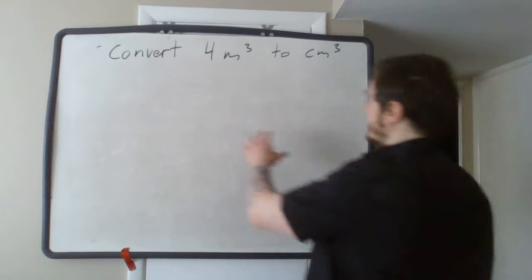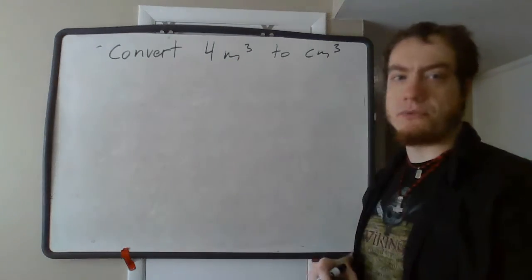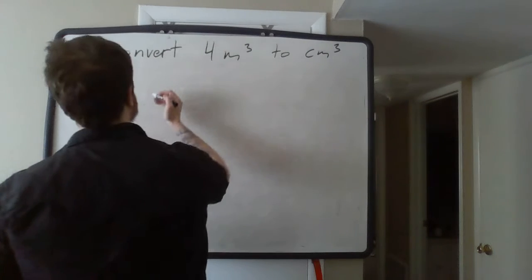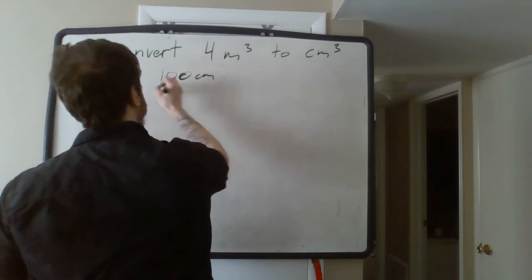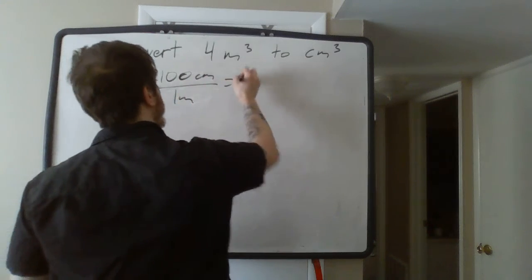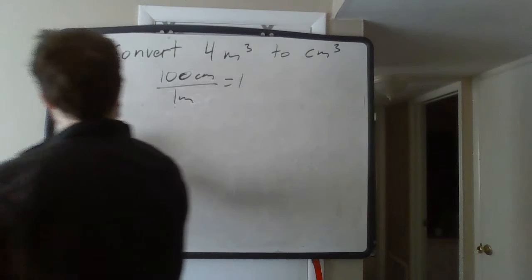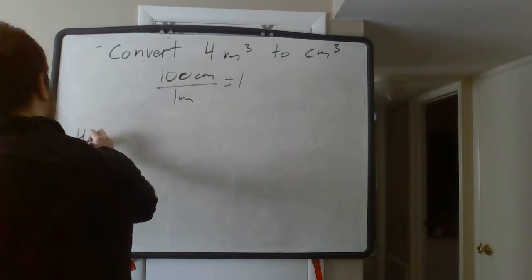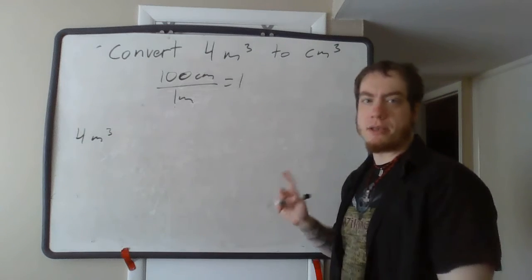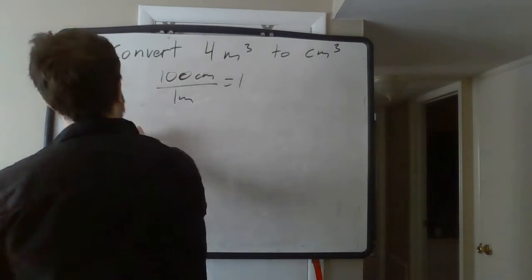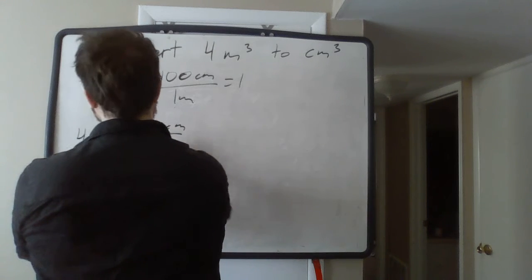Now, if I want to go from meters to centimeters, the conversion ratio that I know is that there are 100 centimeters per 1 meter. So if I start with 4 cubic meters, in order to get rid of a unit of meter, I have to multiply by 100 centimeters per 1 meter.